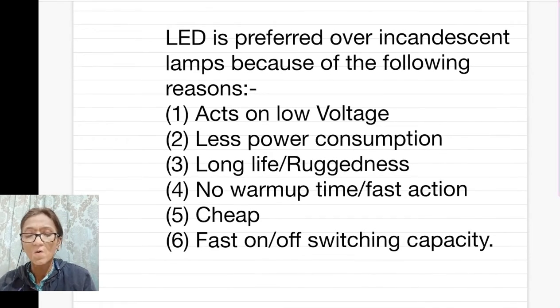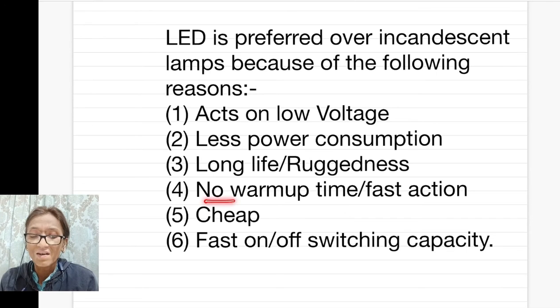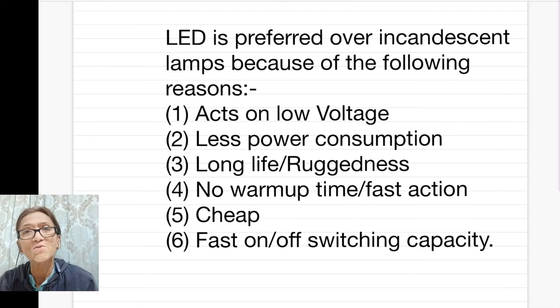Now, why is LED preferred over incandescent lamps and mercury tube lights? Mercury takes time. So the action is not fast for mercury. Initially it fluctuates, then it glows. An LED has no warm-up time. Instantly when you switch on, it is switched on.